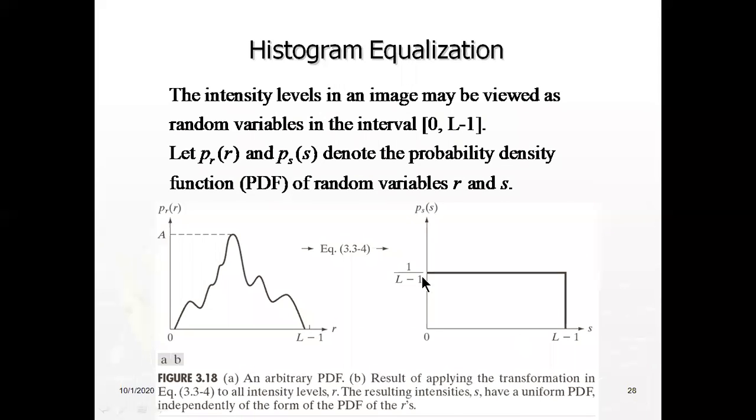We would like to have a uniform PDF, independent of the form of the PDF of r. So this is not uniform, whereas this is uniform in the whole range from 0 to L minus 1. This is a more ideal situation; we might not get exactly this, but somewhere near this. But our aim is getting this from this.